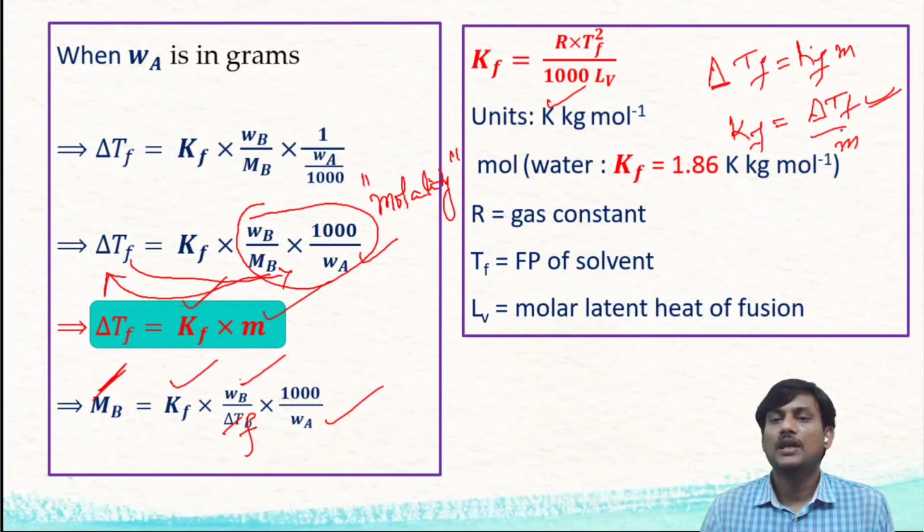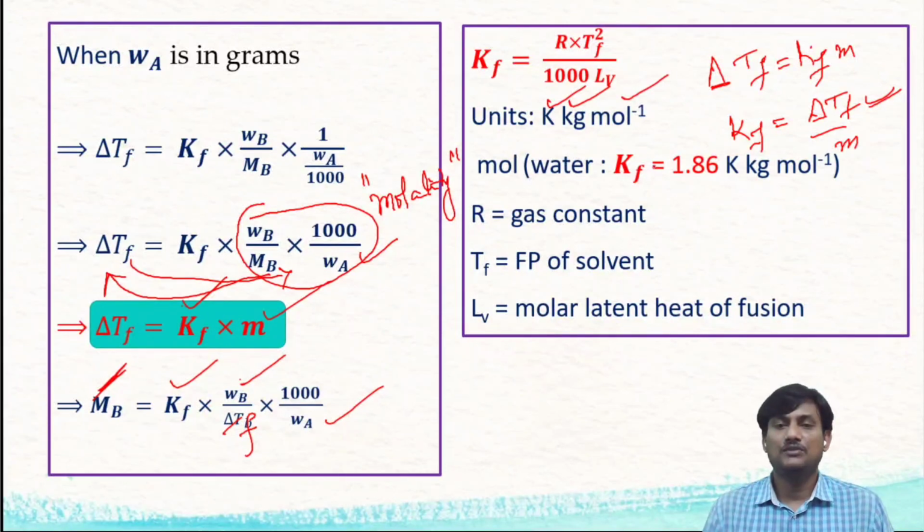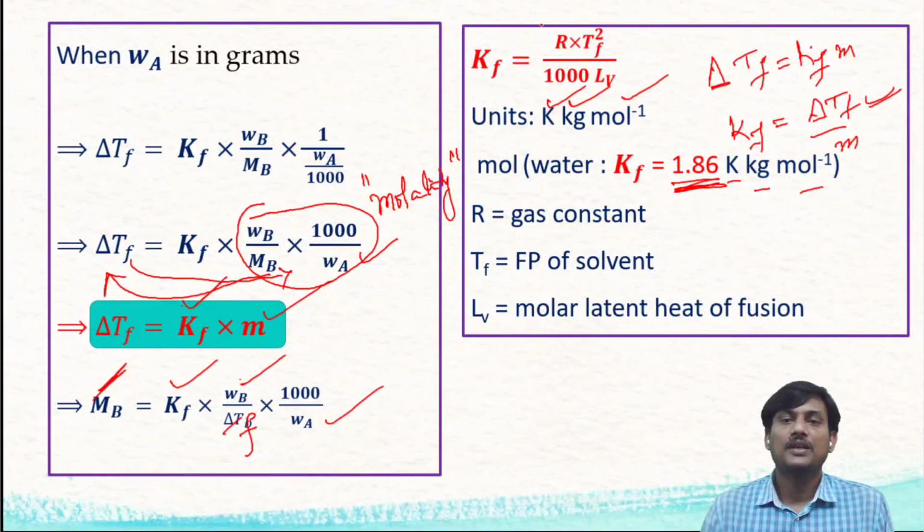Molality means number of moles per kg, so it will be K kg mole inverse. For water, the Kf value is 1.86 K kg mole inverse. In this expression, R is gas constant, Tf is the freezing point of the pure solvent, and Lf is the molar latent heat of fusion.